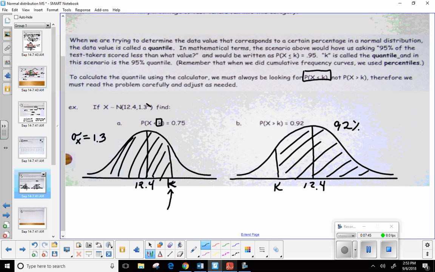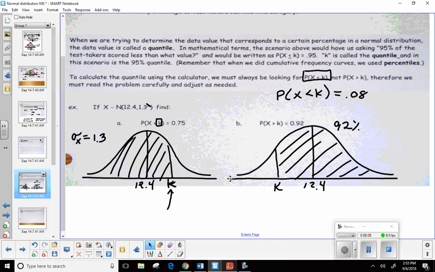So what we're going to have to do is say the probability of x less than k is equal to, well, if being greater than k is 92%, being less than k would be 8%, or 0.08. Okay, so 0.08, so 8%.